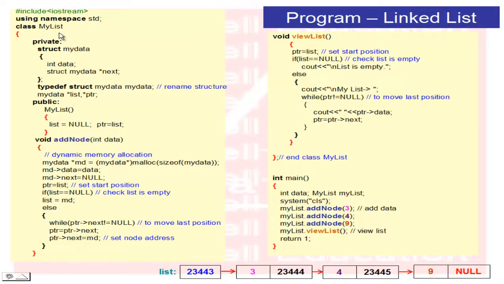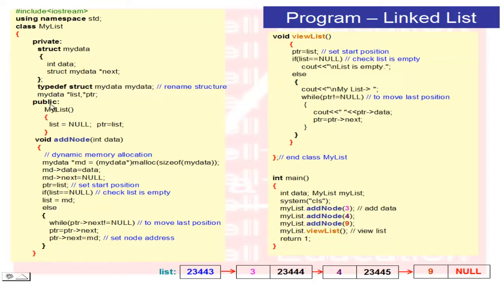Okay, this is the class which is named my list class. Inside this class I have created a struct data type my data, int data, and struct my data next pointer. Here I have created one pointer list and one pointer ptr. These are all private variables.